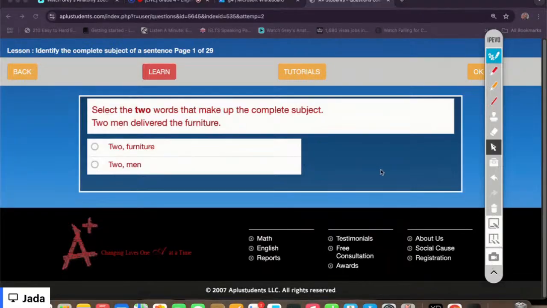Alright, select the two words that make up the complete subject. Two men delivered the furniture. Two words. So, what's the complete subject here?